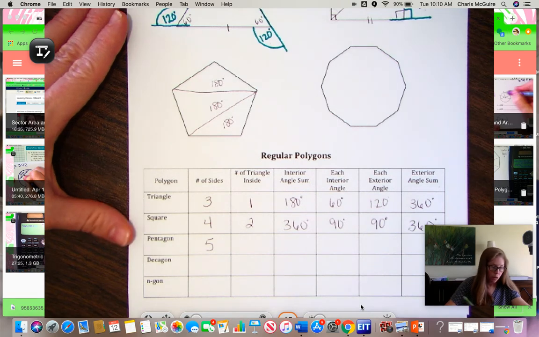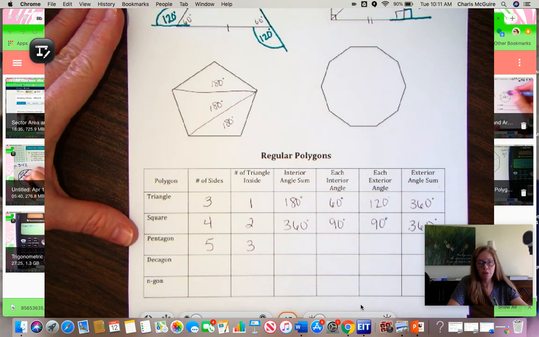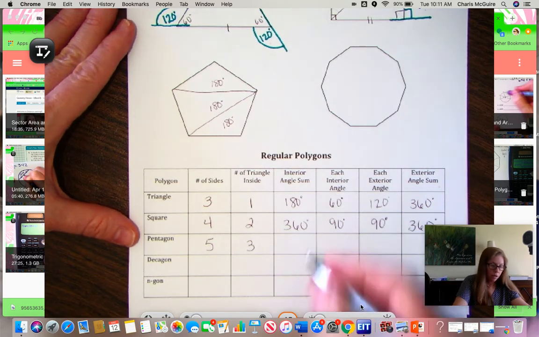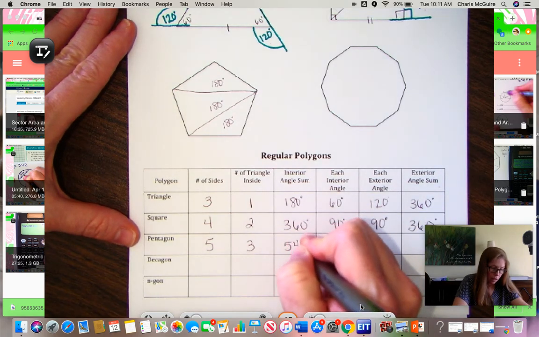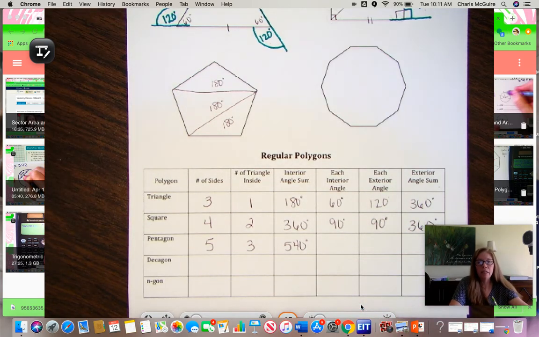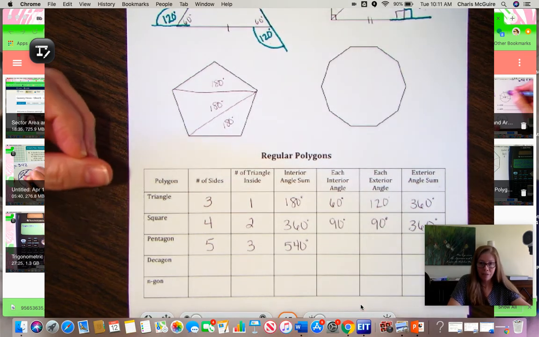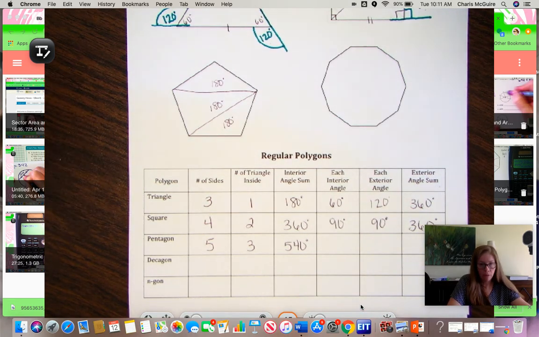All right, so that's 3 triangles. And if we do 3 times 180, we get 540 degrees total inside of every pentagon. Now here's the thing, every pentagon has 540 degrees inside of it. We're looking at regular pentagons.